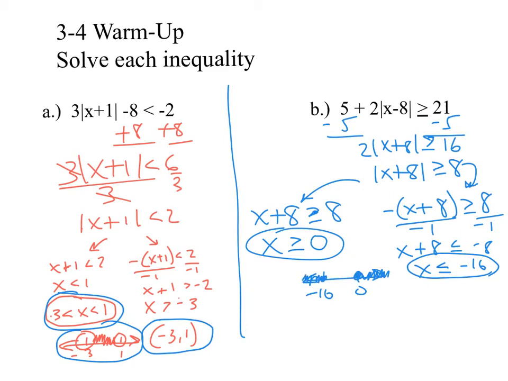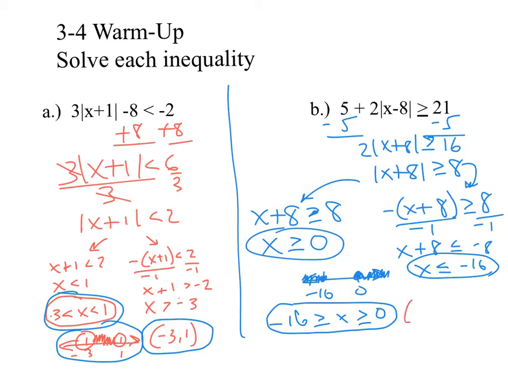And if we wrote it as an inequality, I mean, we could still write it as a compound inequality. So we'd have negative 16 is greater than or equal to x is greater than or equal to 0. A little backwards from how we normally write it. And the last way, I'll squeeze this in here, is you can write them in interval notation.